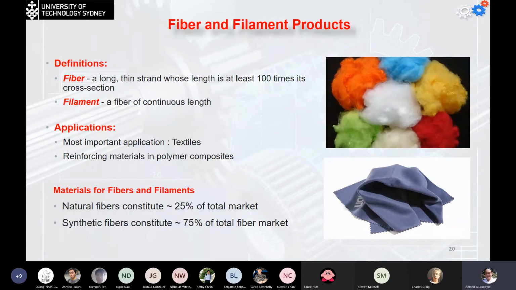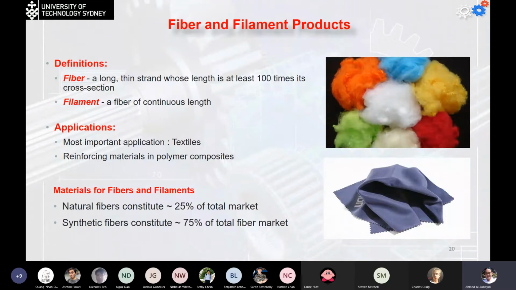We're using fibers. The difference between fibers and filaments is that a fiber is usually a long, thin strand whose length is at least 100 times its cross section, while a filament is a fiber of continuous length. The applications are mainly for the manufacturing of textiles. At the same time, they can be used as reinforcing materials in polymers and composites.